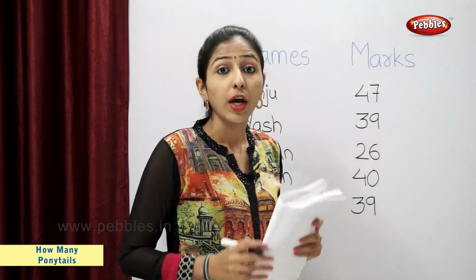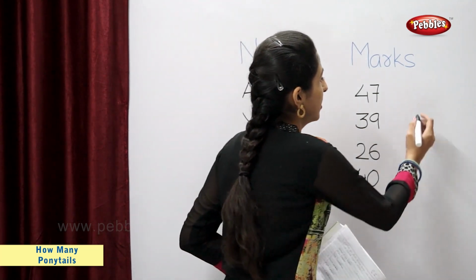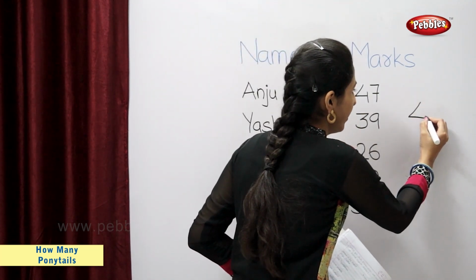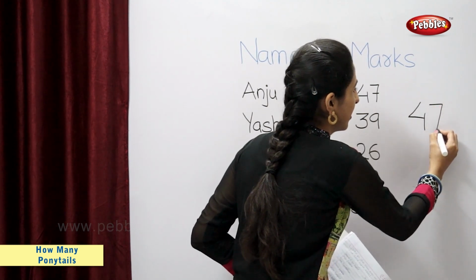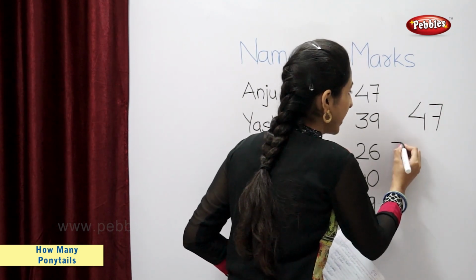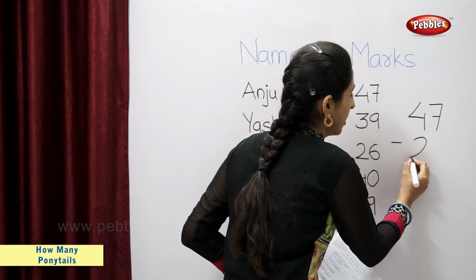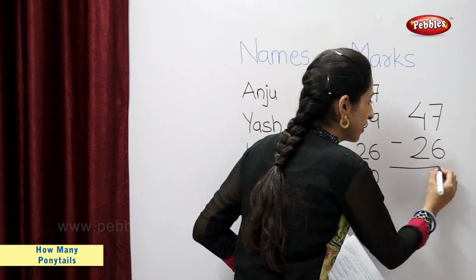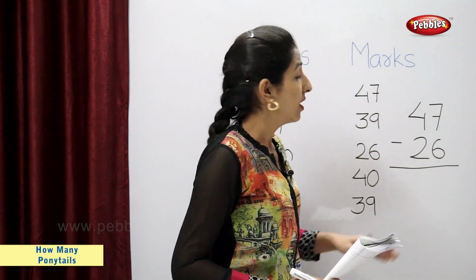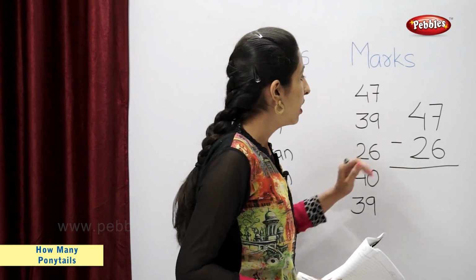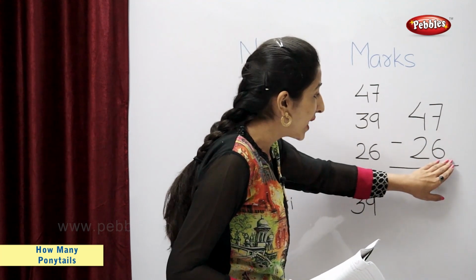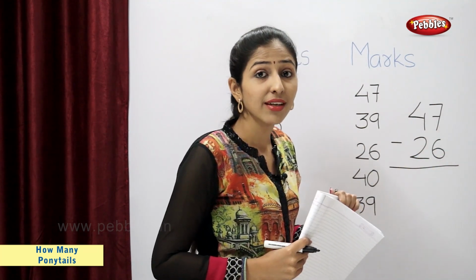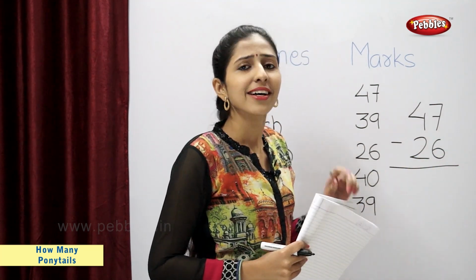Let us subtract 26 from 47. So 47 minus 26. Students, now help me. 7 minus 6 is how much? Correct.